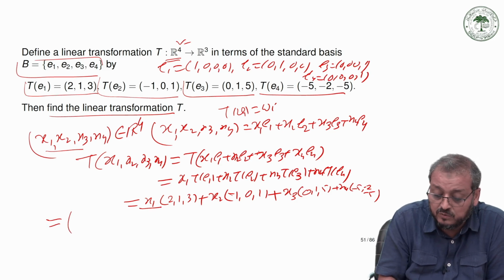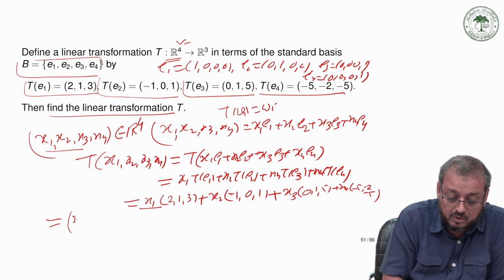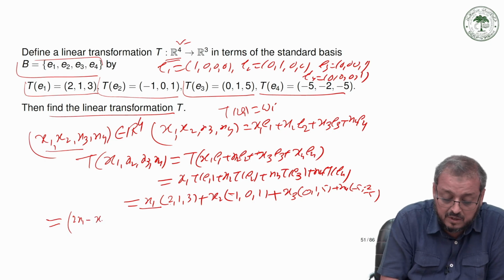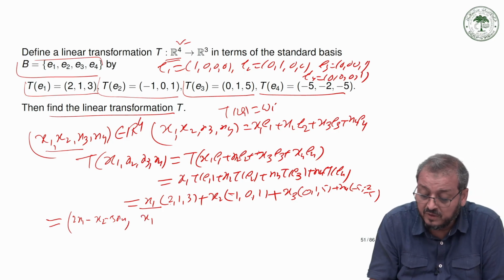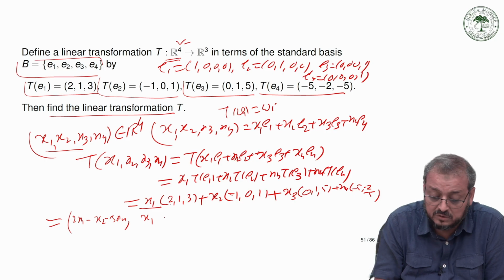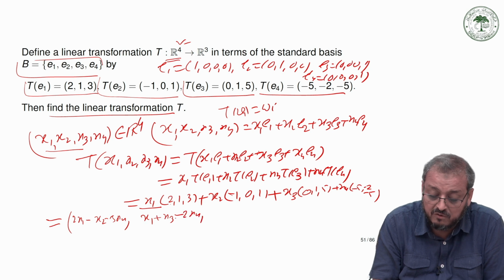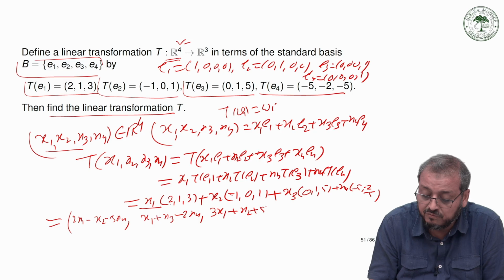This can be written as: the first component is 2x1 minus x2 plus 0 x3 minus 5x4. The second component is x1 plus 0 x2 plus x3 minus 2x4. The third component is 3x1 plus x2 plus 5x3 minus 5x4.